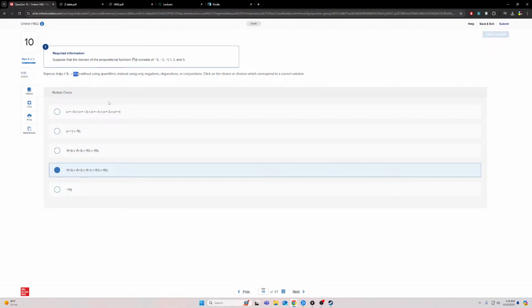Based off the truth tables that you can create using all of these.